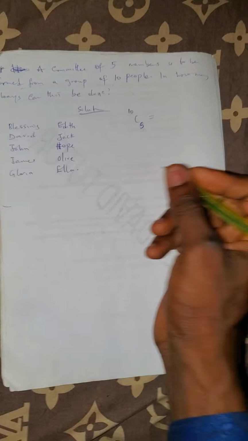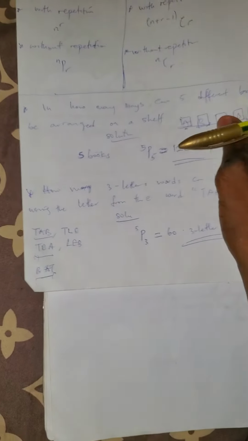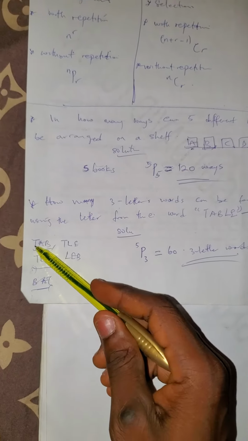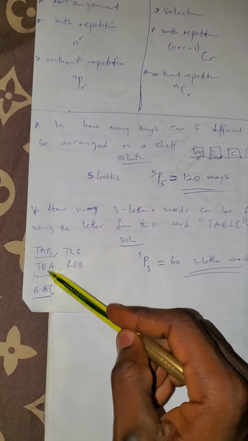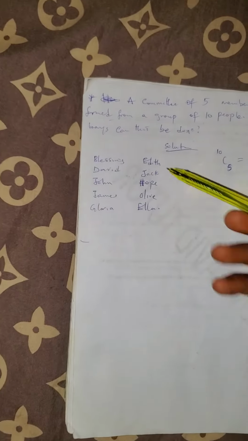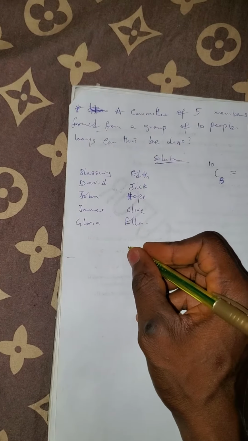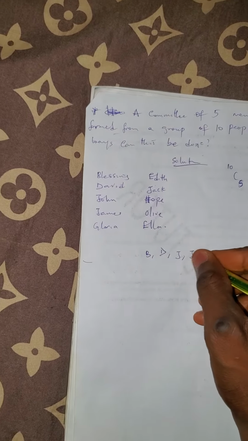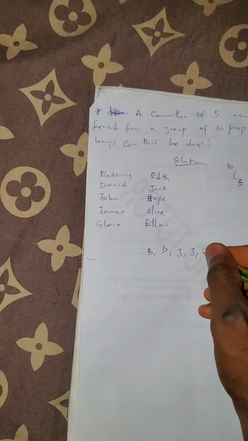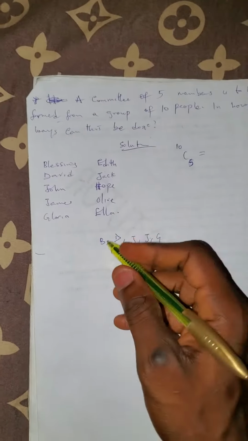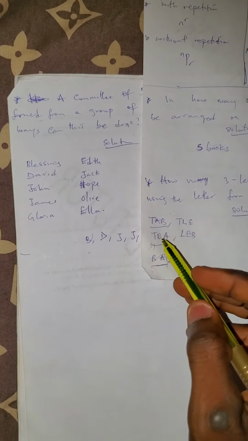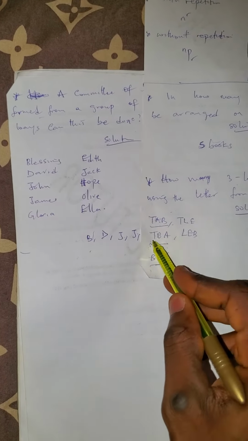The reason why it is combination is because, unlike this one that talks about letters, where I told you that C can come first and B second, here, if you have a committee of Blessing, David, Jude, John, James, and Gloria, and you still want to form another one like this one. In this one we have TAB, and it's not the same thing as TBA.